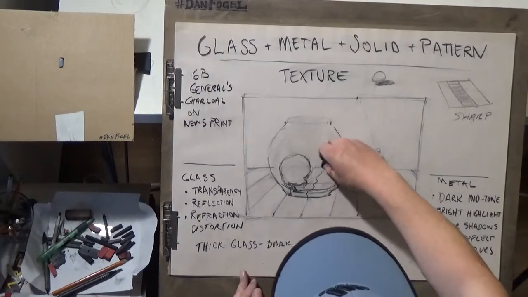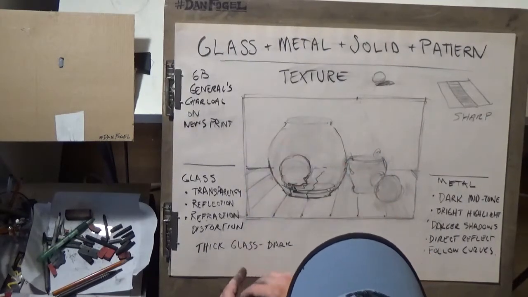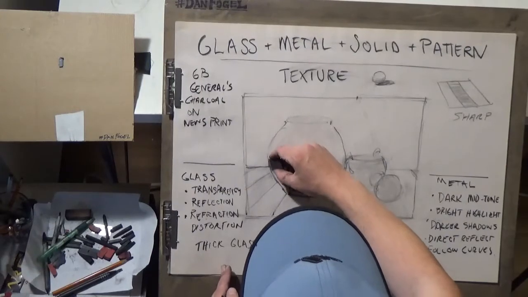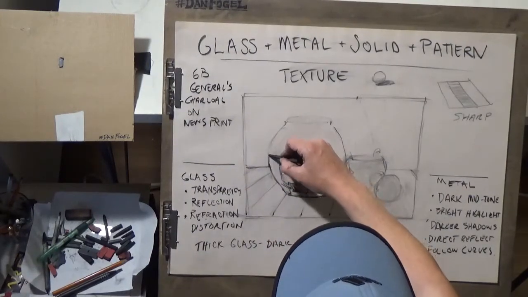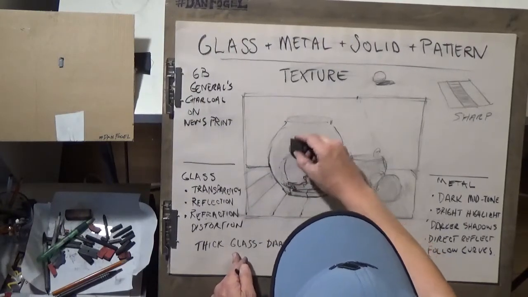And same thing with this page division edge. When I get to the edge of the fishbowl here, I want to do something, because this shape here is also in flux.